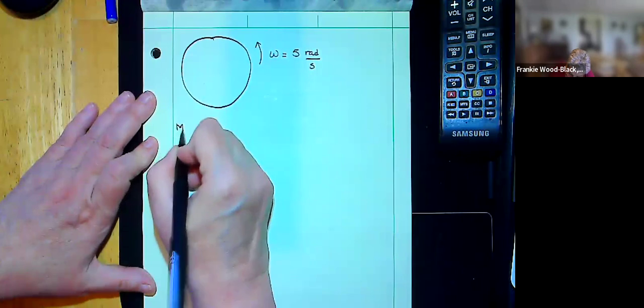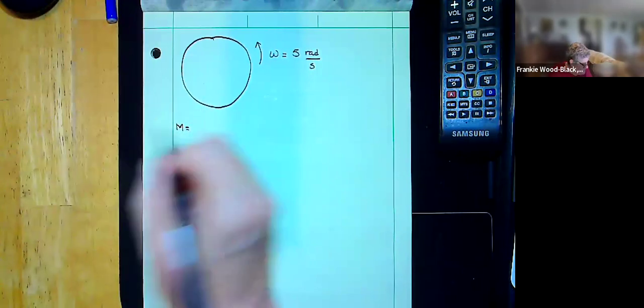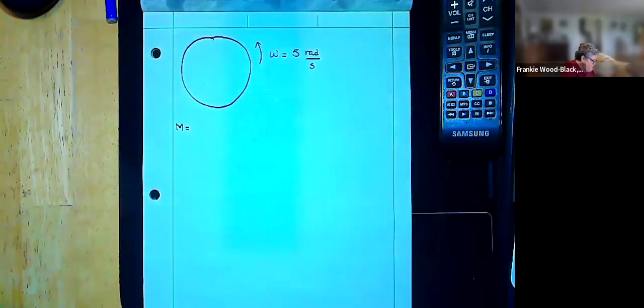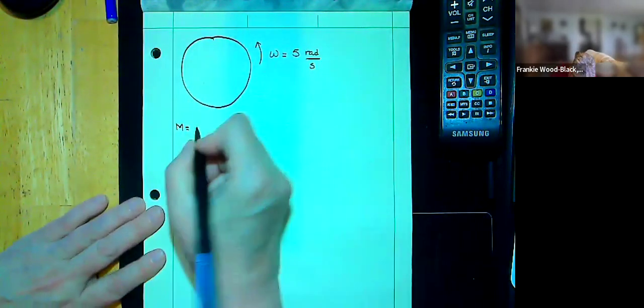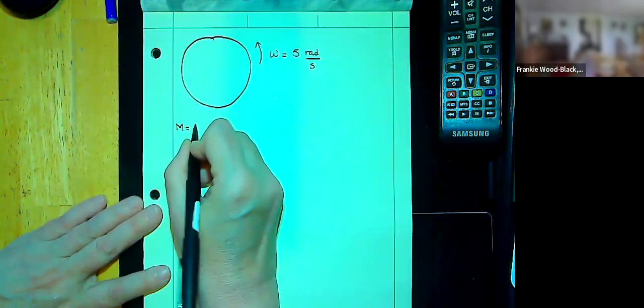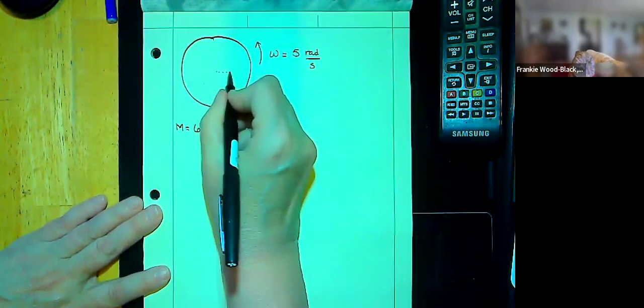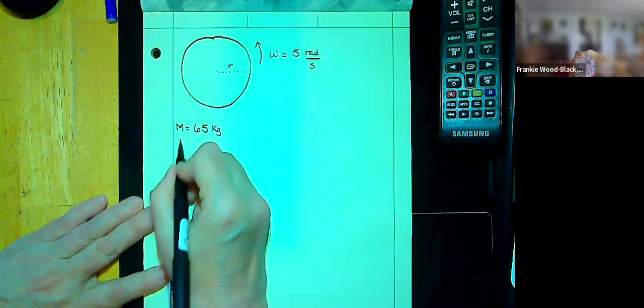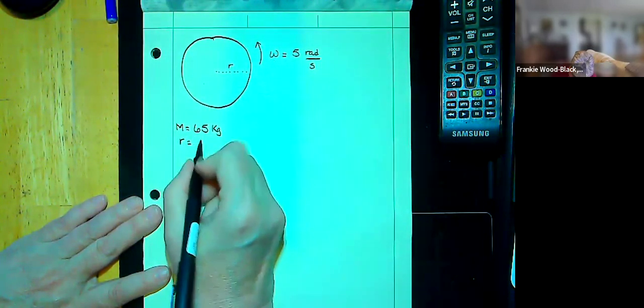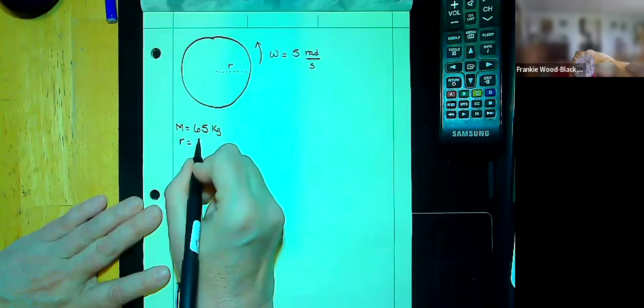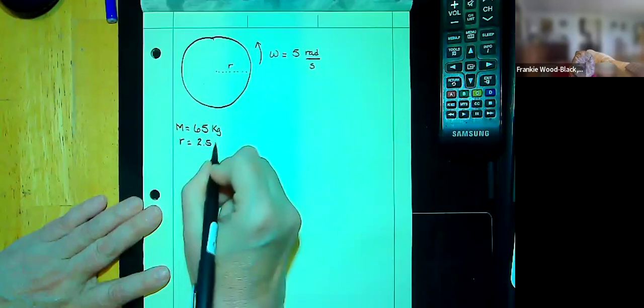The mass of our merry-go-round is going to be 65 kilograms. It's going to have a radius of, let's make it 2.5 meters.